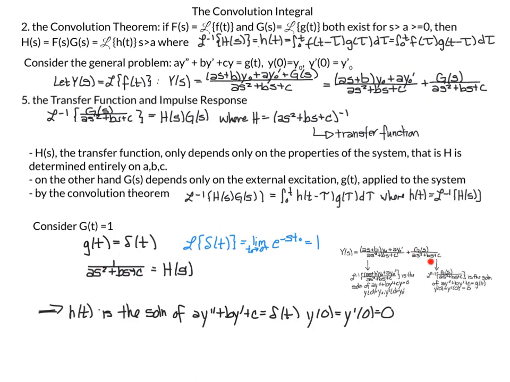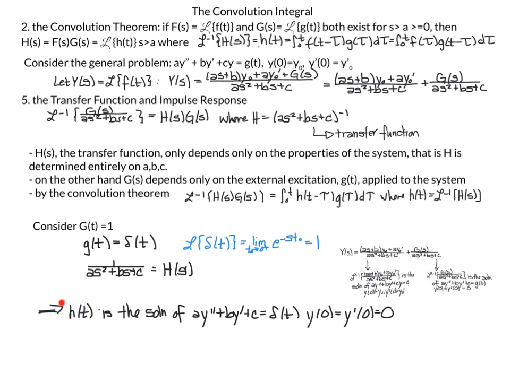From our previous slide, we said G(s) over as² + bs + c, in this case G(s) is equal to 1, so we're left only with our transfer function, which is the solution of our ay'' + by' + cy = g(t) with our initial conditions equal to 0.